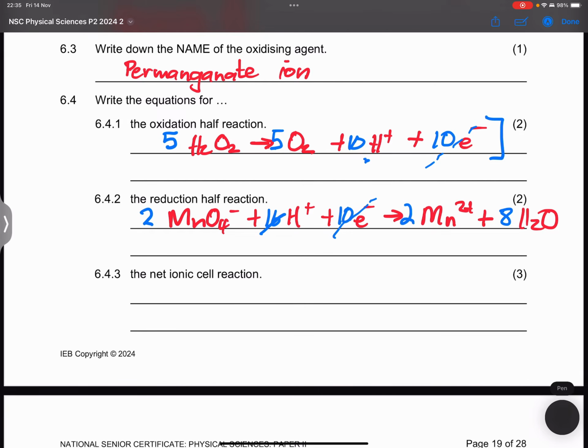That would be 5 H2O2 plus 2 permanganate ions, this guy here, but we know 16 minus that 10 over there would give us 6 H plus.